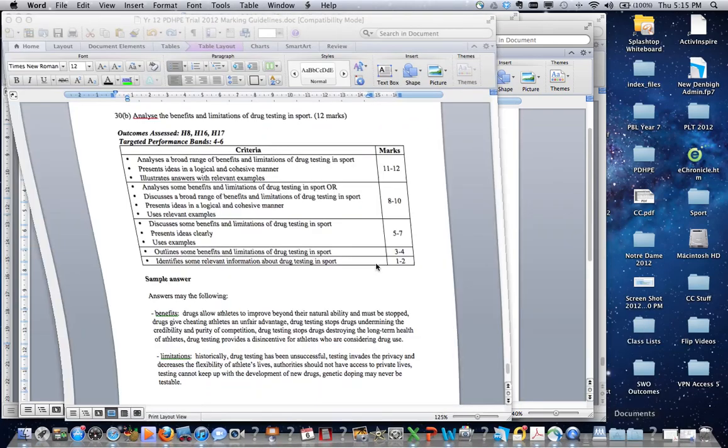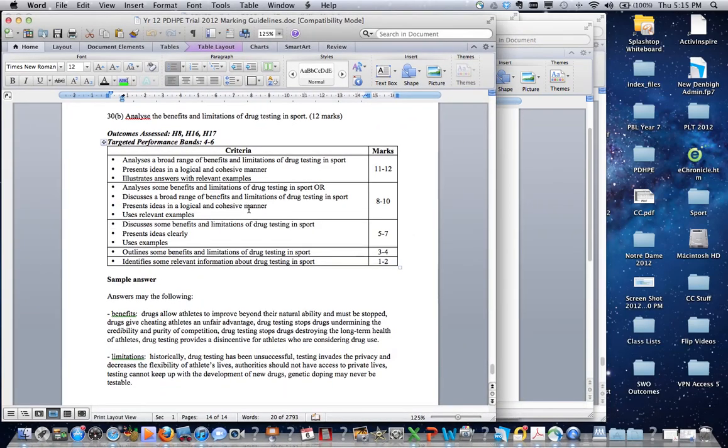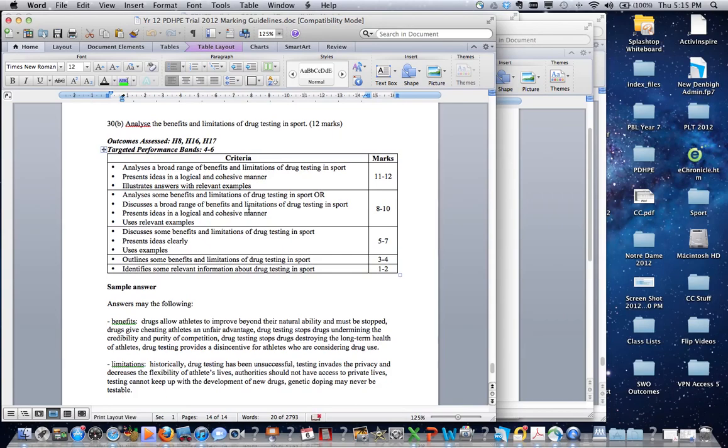If we have a look at the marking criteria, the top band requires us to analyse a broad range of benefits and limitations of drug testing in sport. So both elements of benefits and limitations. I guess that was one area that some boys fell down.